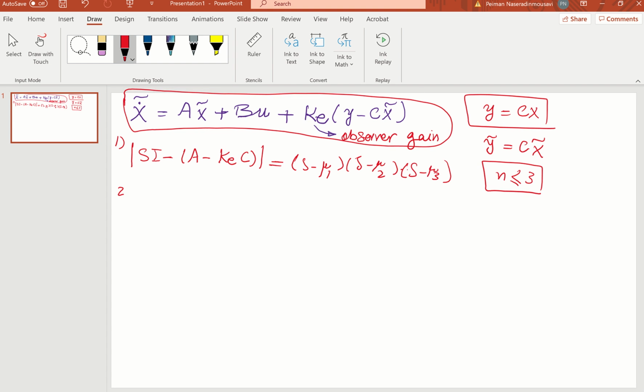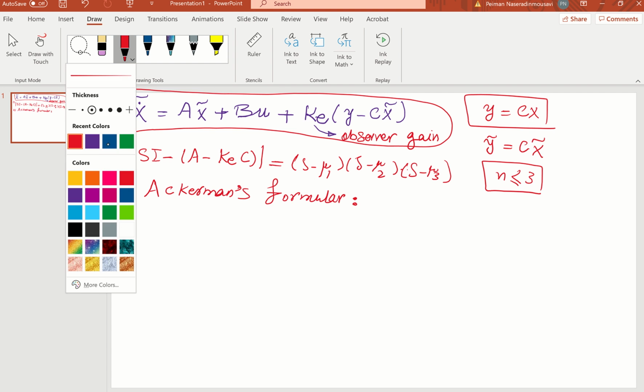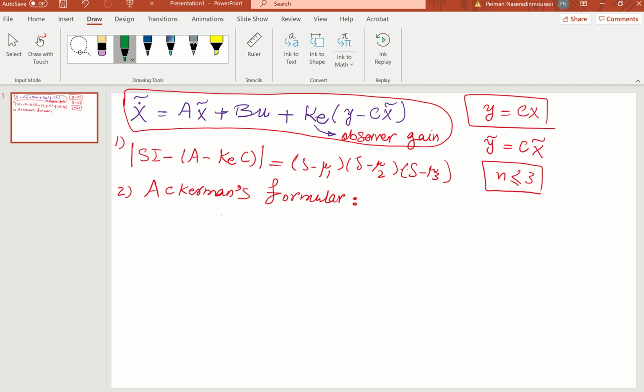The second method, which you have seen in the state feedback control law, was Ackermann's formula, now for designing the observer. Remember? Exactly because of the duality principle that I showed you, whatever you have done for the state feedback control law, you can use for the observer.